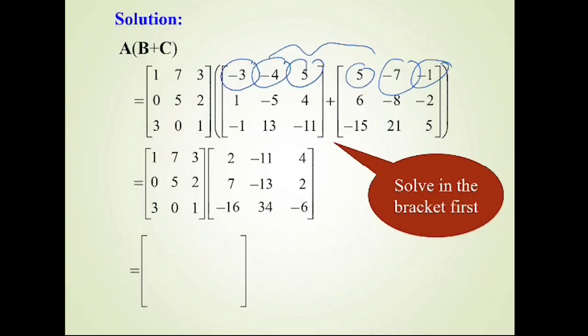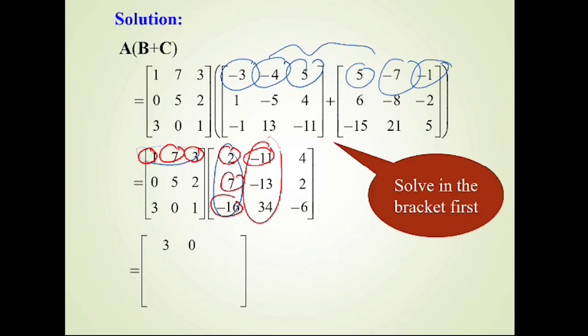Next, just multiply these two matrices together, which is just the row multiplied with the columns, looking at the elements one by one. 1 times 2 plus 7 times 7 plus 3 times negative 16. And then looking at the second column, this is 1 times negative 11 plus 7 times negative 13 plus 3 times 34.